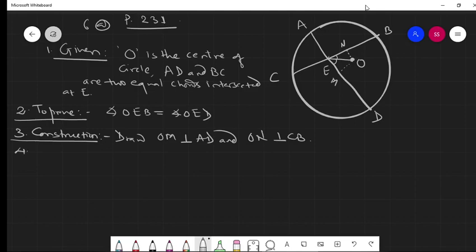Now number 4, proof, statements, reasons.